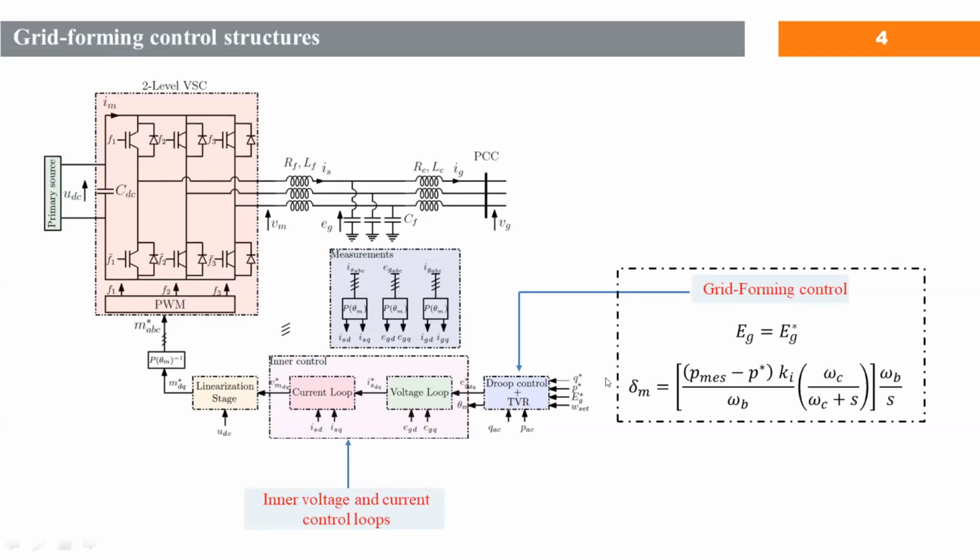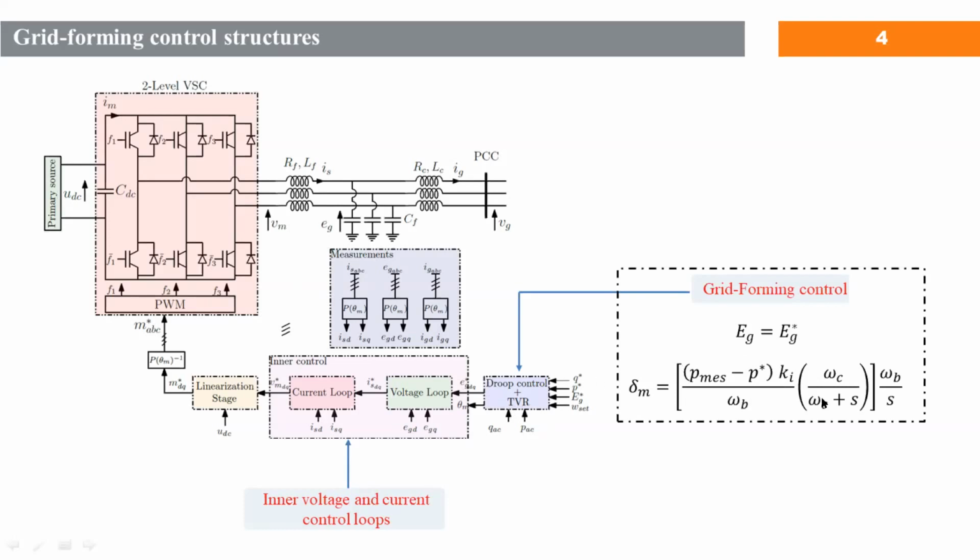One of the most used grid-forming control structures is based on the cascaded control structure. The advantage of using such a structure, in fact, is its simplicity of tuning and implementation. And it is also able to generate a current reference in the inner control loop in order to protect the converter against overcurrent. In this presentation, we are taking the droop control plus the transient virtual resistor as the outer control.